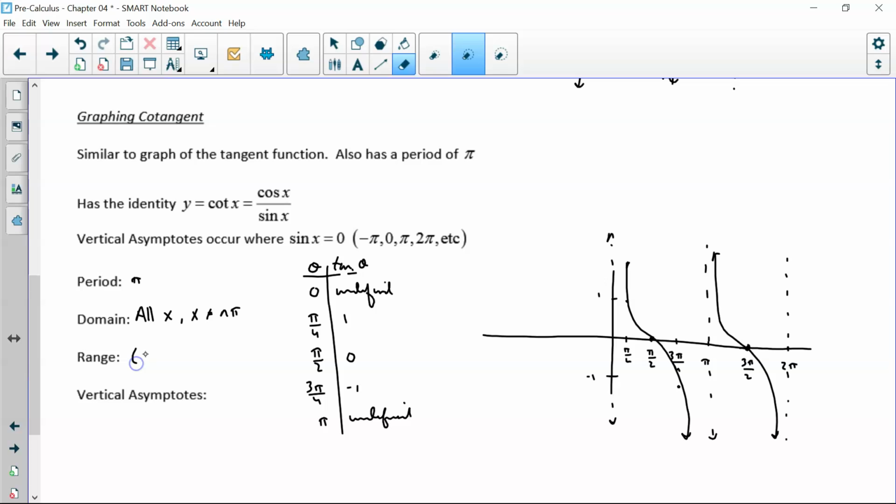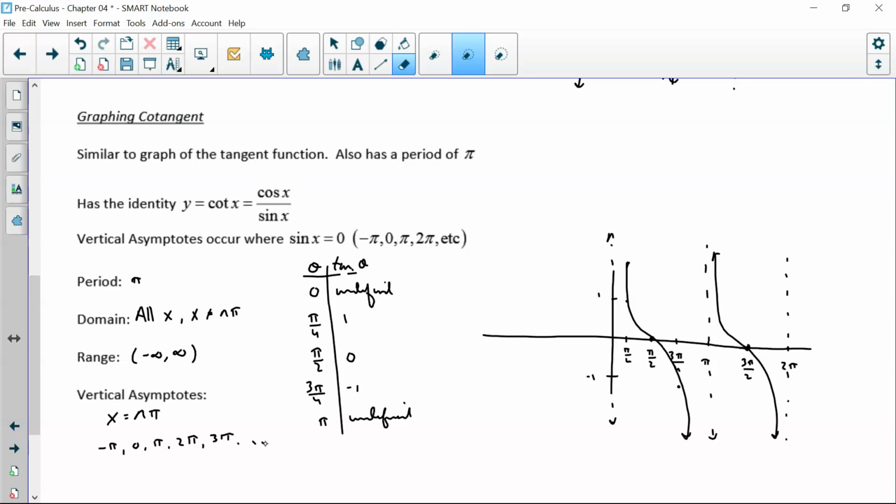And our range is from negative infinity to positive infinity. Now our vertical asymptotes are x equals n pi. So that would give us negative pi, for example, 0, pi, 2 pi, 3 pi, and everything like that. That's cotangent. It falls from left to right.